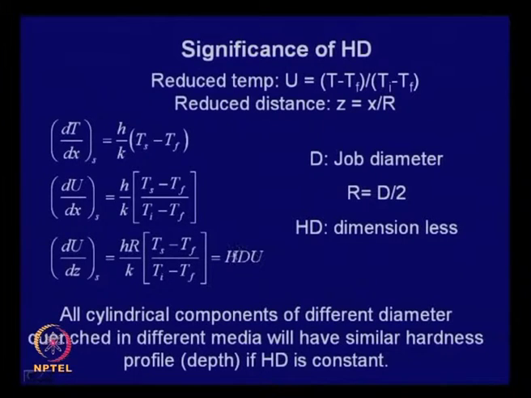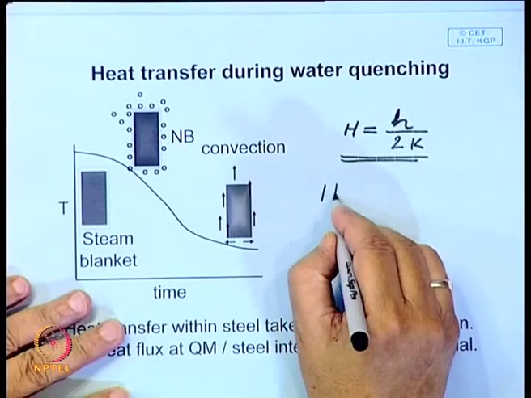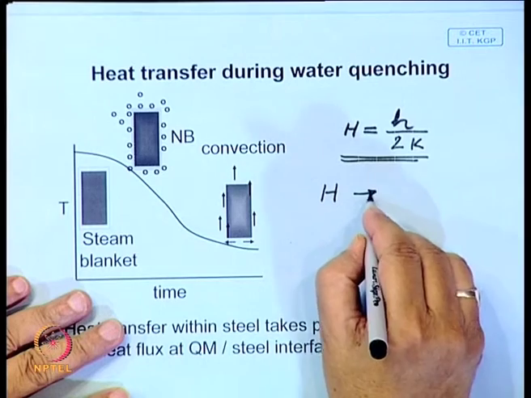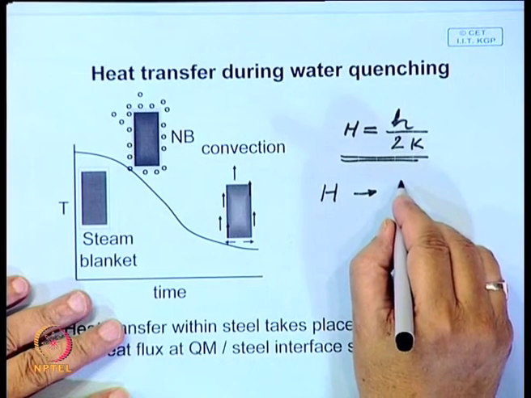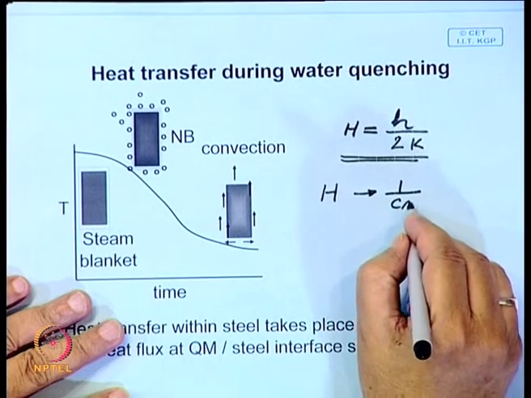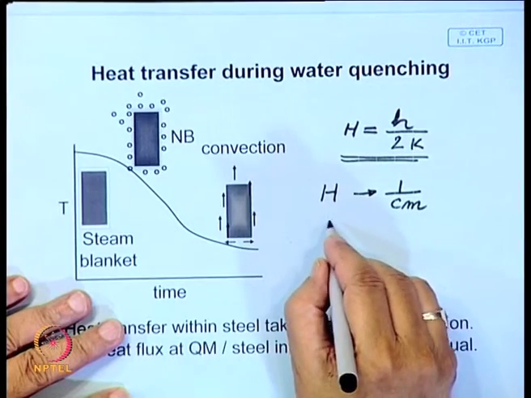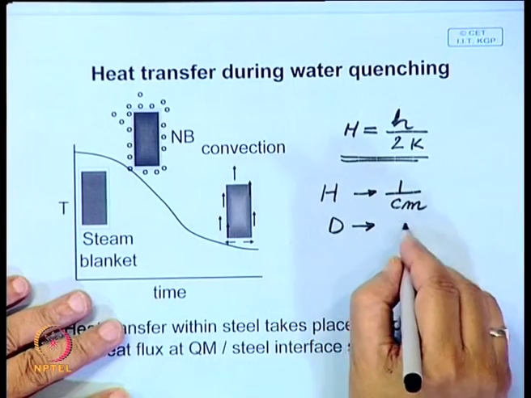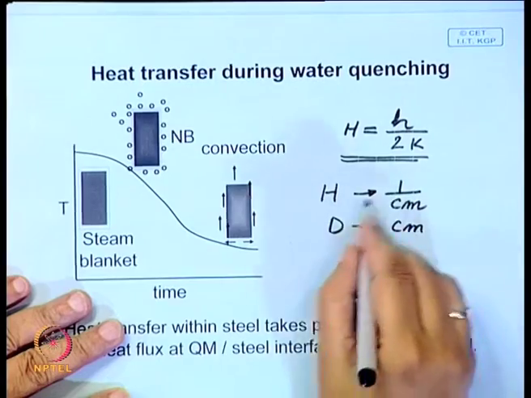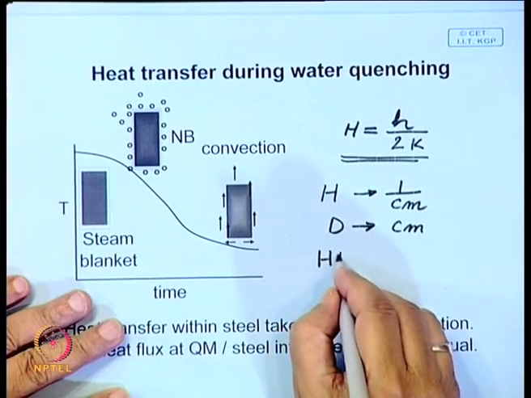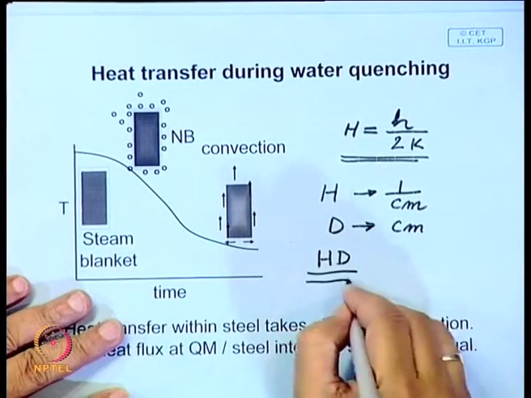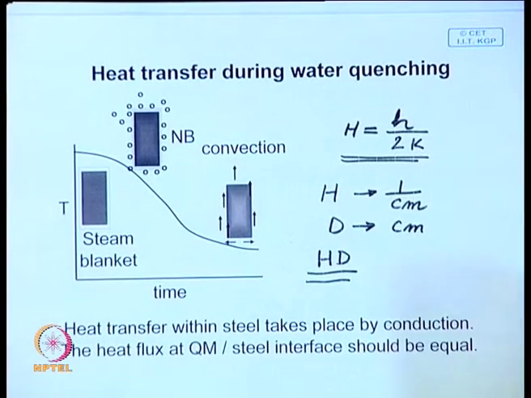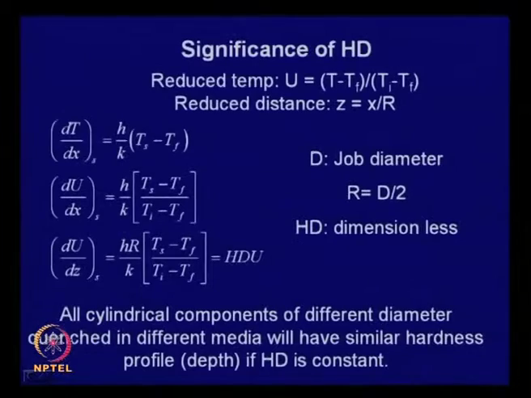So, now look, what is the dimension of HD? H we have said is 1 over distance, or let us say 1 over centimeter, and diameter is centimeter. So, HD is a dimensionless constant, and it is quite a useful parameter in designing heat treatment.